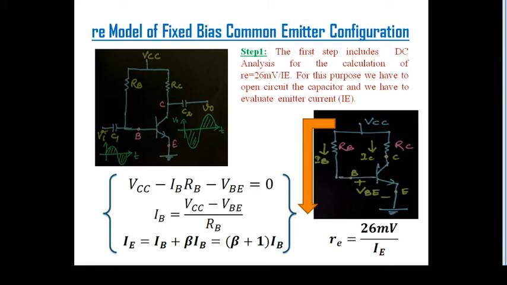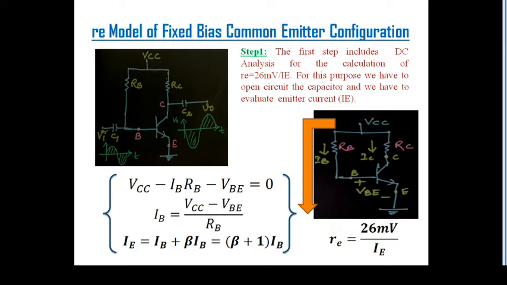This comes from the last video lecture, where I already derived that the resistance looking from the emitter side is simply VT by the DC emitter current.